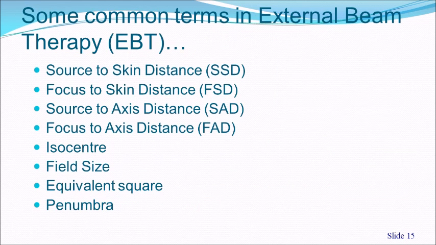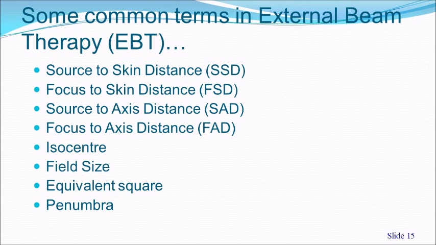Let us go into the terminologies that we use in external beam therapy. Very common terminologies. One is source to skin distance, SSD. Some people say source to surface distance. Focus to skin distance, FSD, because in X-ray production, the source is actually a small point, it's a focal point. So people have the practice to say FSD rather than SSD. Then source to axis distance.